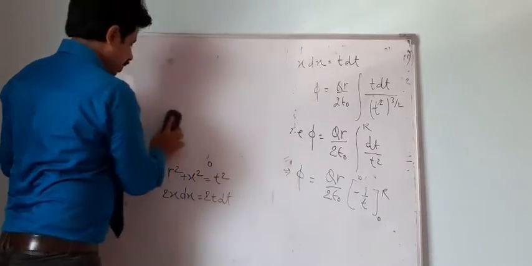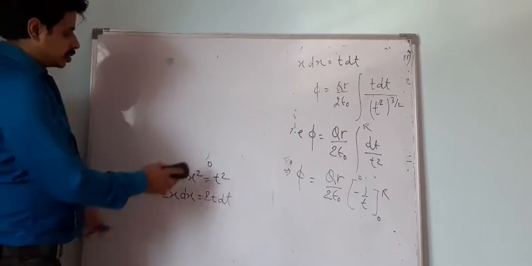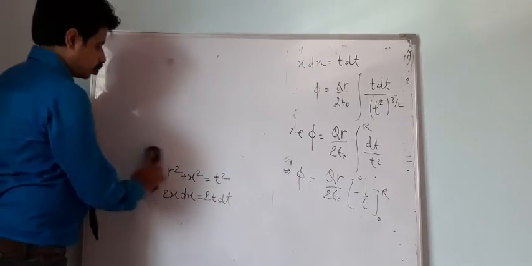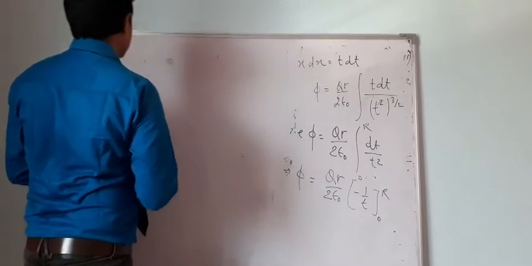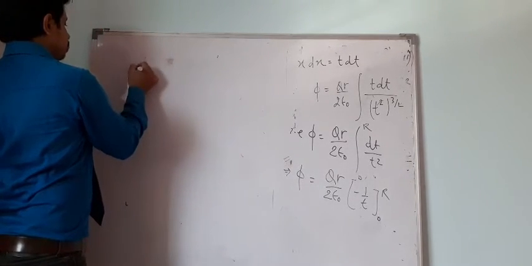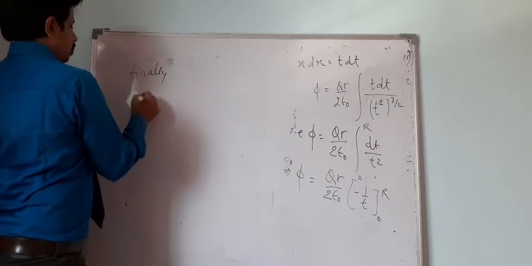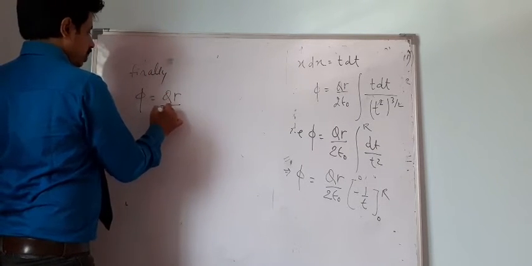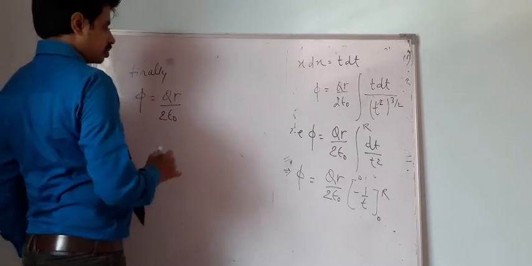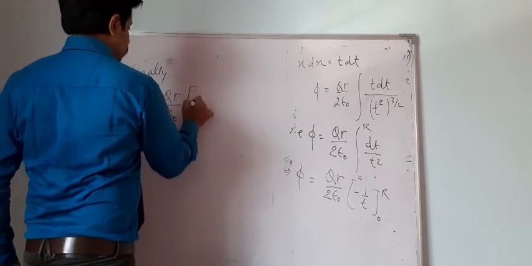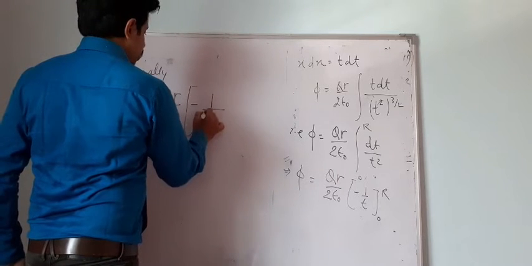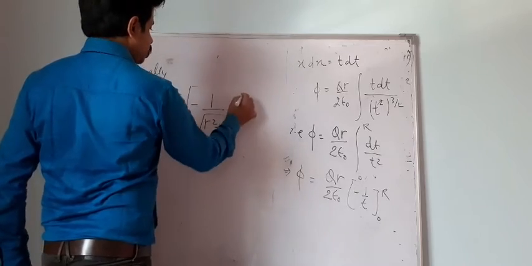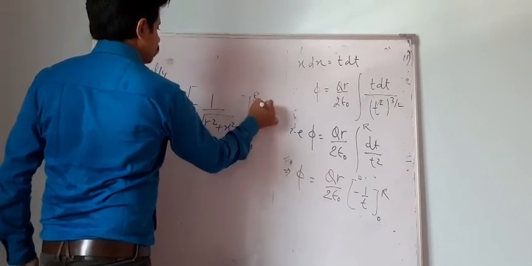Again we will come back to our substitution, r square plus x square equal to t square. So t is again root under r square plus x square. Finally, phi is equal to q r by 2 epsilon naught into minus 1 by root under r square plus x square, from 0 to r.